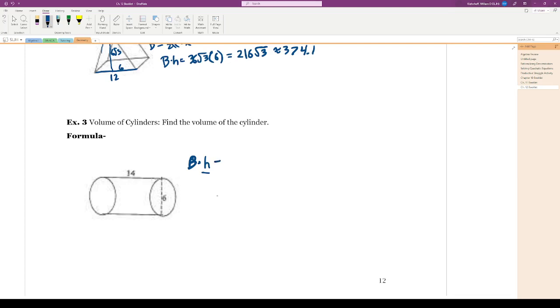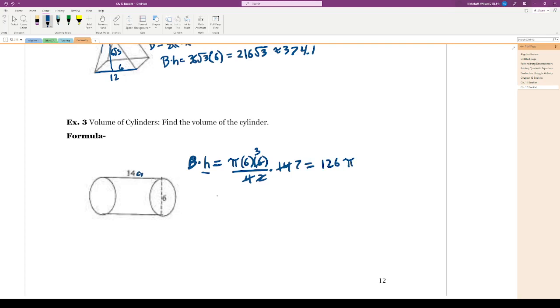All right, so our base area, we have our diameter, so it's pi d squared over 4, so pi times 6 squared over 4, and then times the height, which is 14. So I can do some simplifying. This is 2 and 7, and this just makes a 3 and a 1. So I have 6 times 3 times 7 is 42 times 3, 126. So I get my precise answer as 126 pi cubic units.